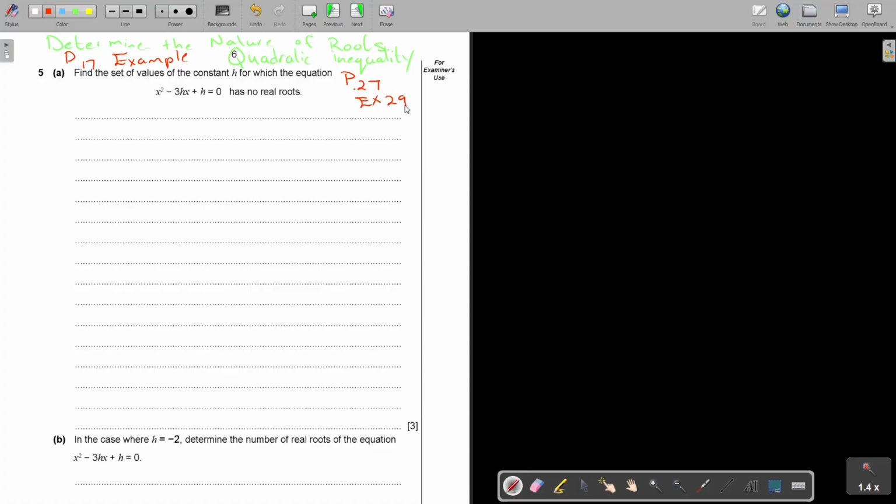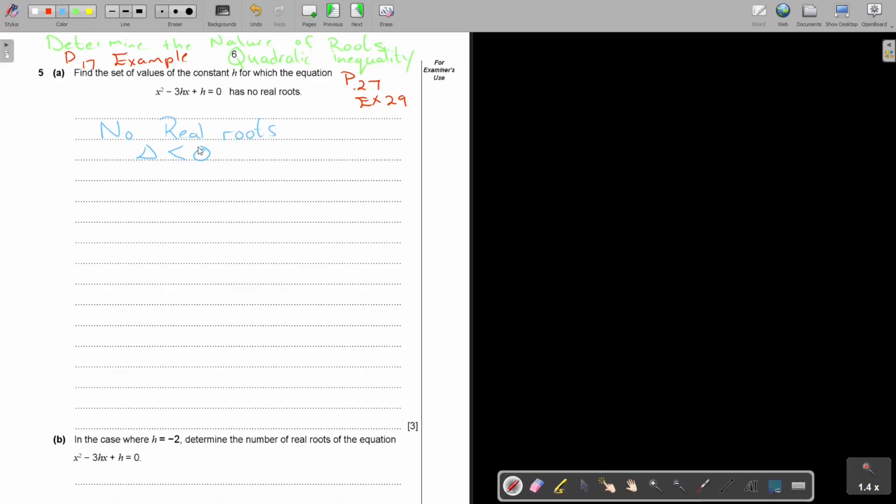Okay, that will help you. So let's start. Since the equation has no real roots, then the discriminant is smaller than 0.